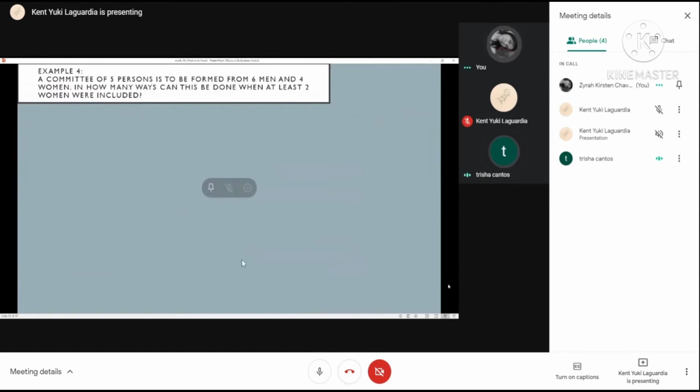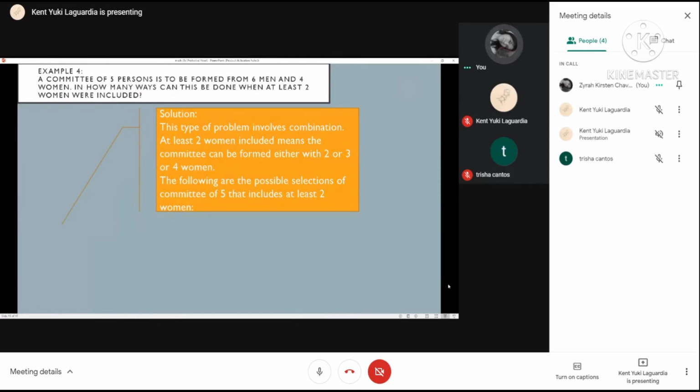Example number 4. A committee of 5 persons is to be formed from 6 men and 4 women. In how many ways can this be done when at least 2 women are included? Solution. This type of problem involves combination.